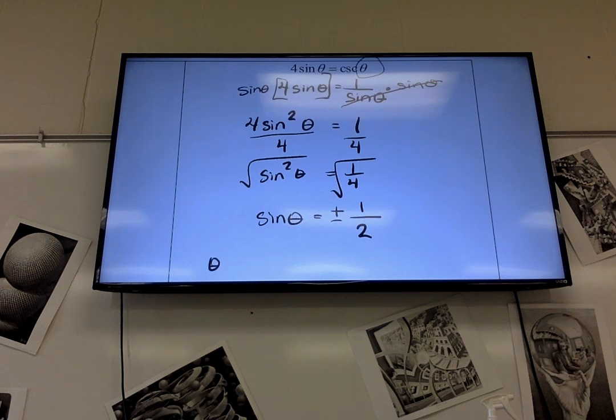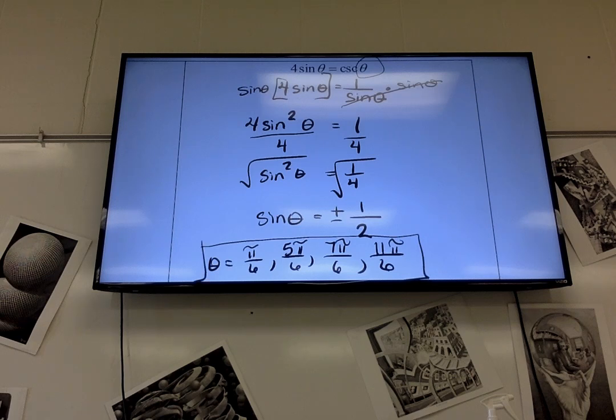There's a bunch of them, there should be 4, I think. 5 pi over 6, 7 pi over 6, and 11 pi over 6. So much easier if you have the chart done. We just looked down the sine column and found all the positive and negative 1/2.